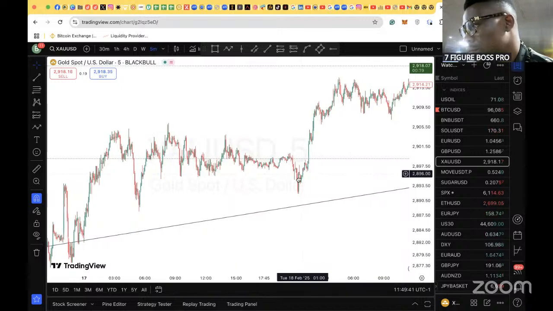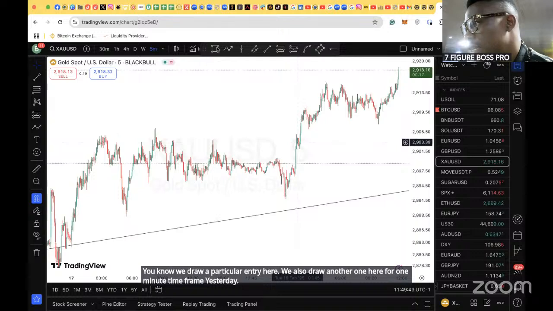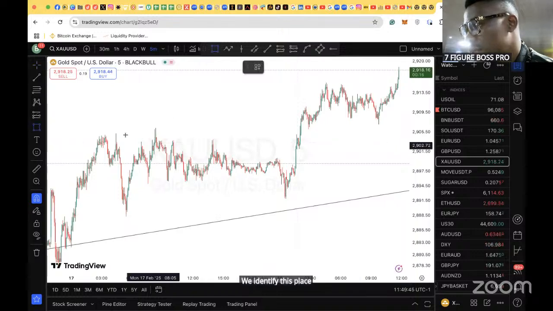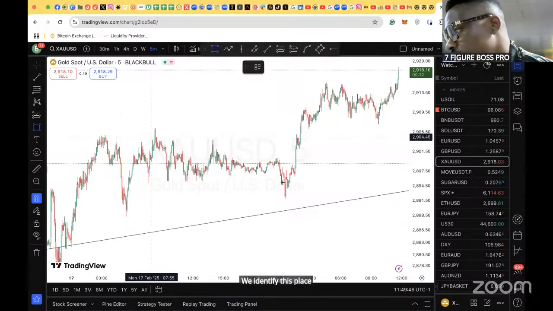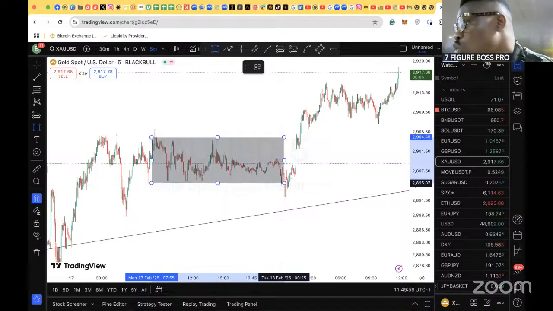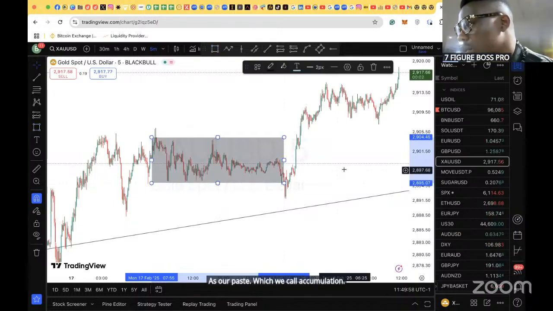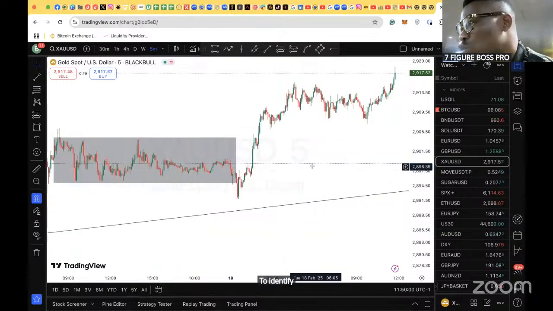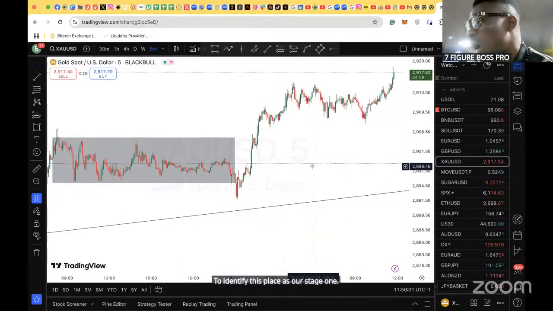Yesterday, we identified this place as our first stage, which we call accumulation. We identified this place as our stage 1, accumulation.